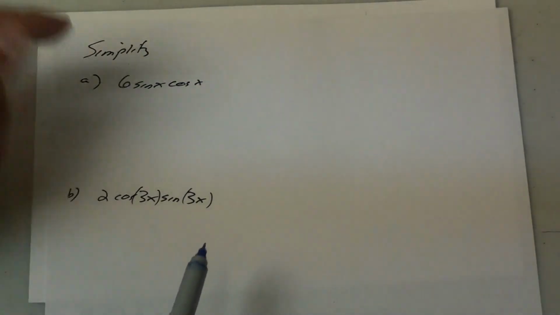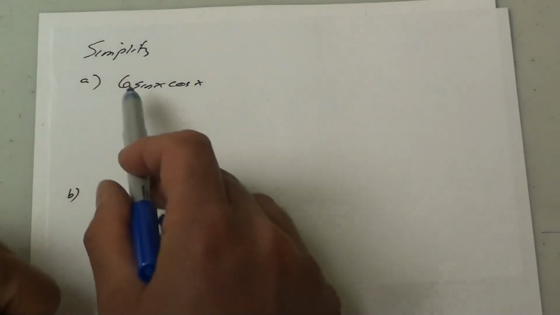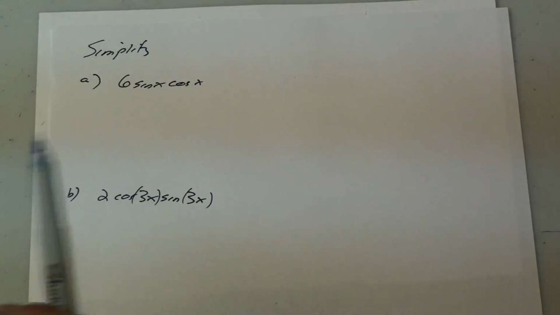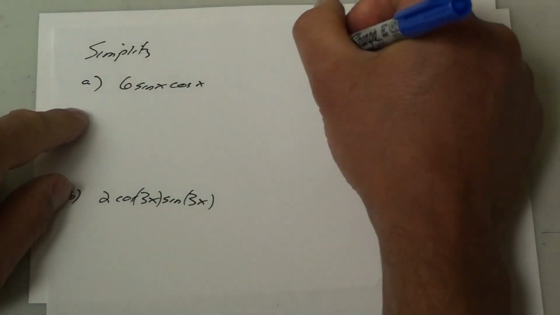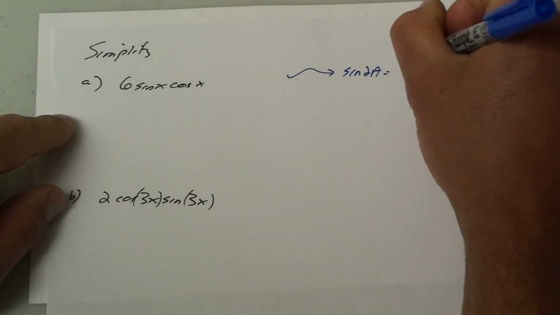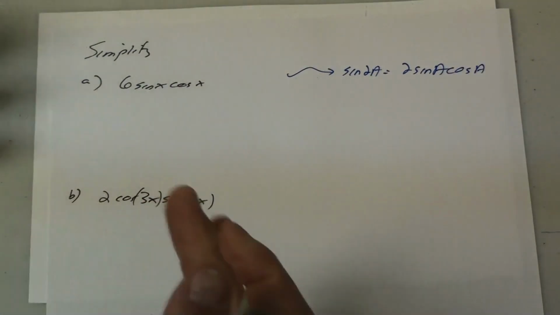The last ones here are just doing some simplifying. Now, with these, you're going to be given ones that look a little weird, and you've got to make it look like one of the original double angle formulas. Now, this one clearly looks sort of like sine 2a equals 2 sine a cos a, like the sine double angle formula, but it's not.